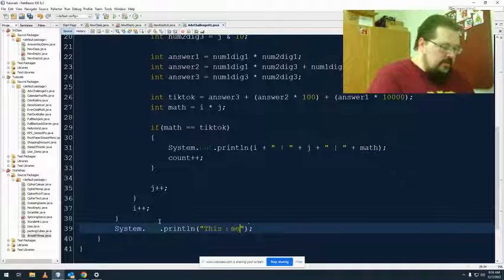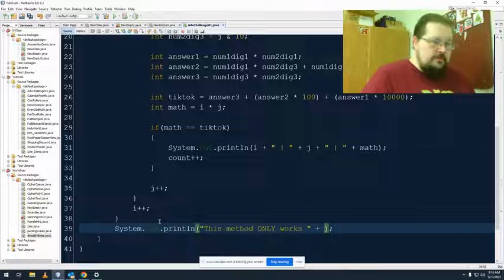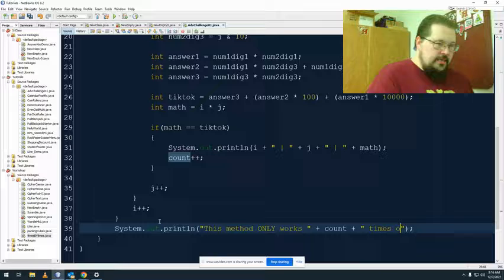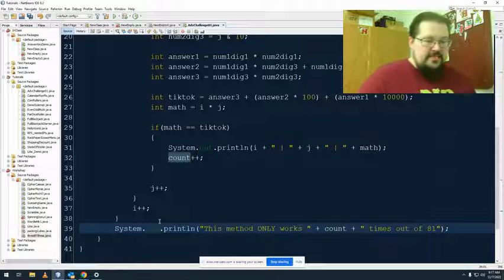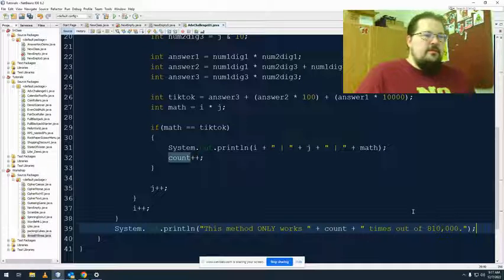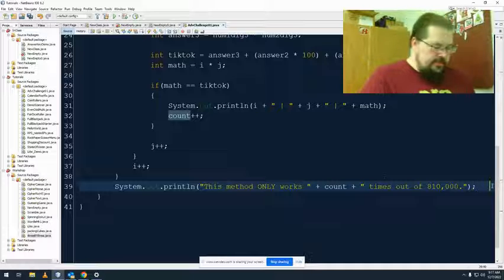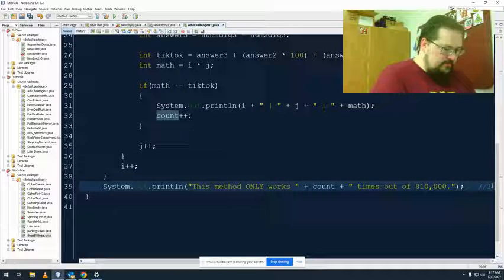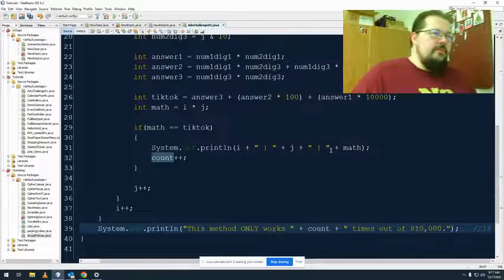This only works, this is where count comes in, times out of, I said a million, and it's close enough. For the record, it's 1%, if we did our coding correctly.